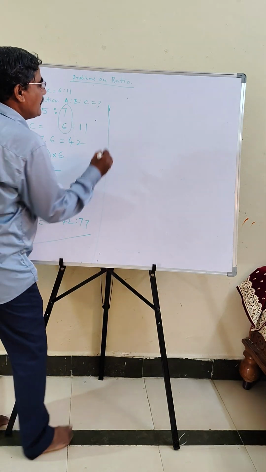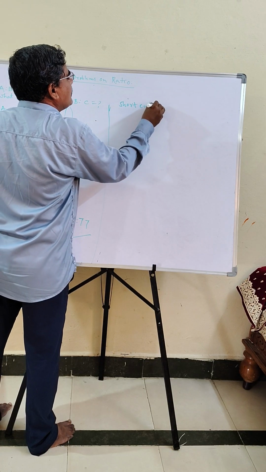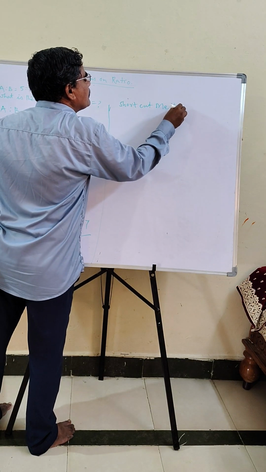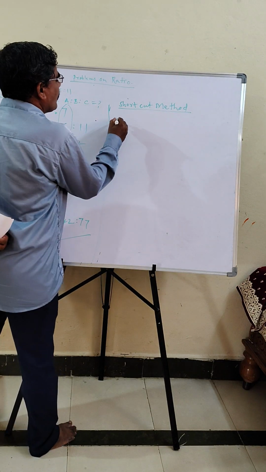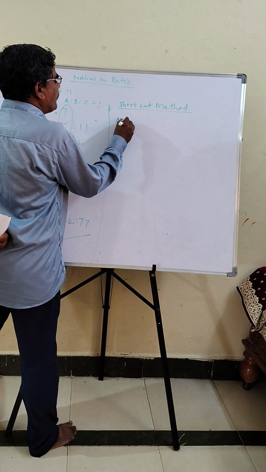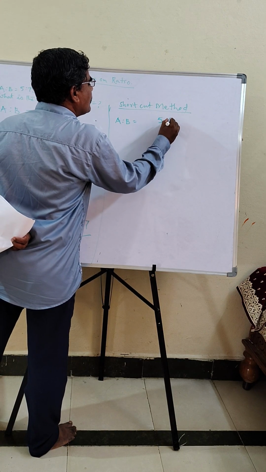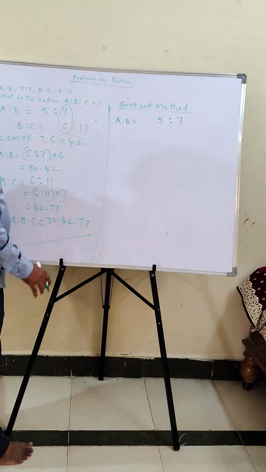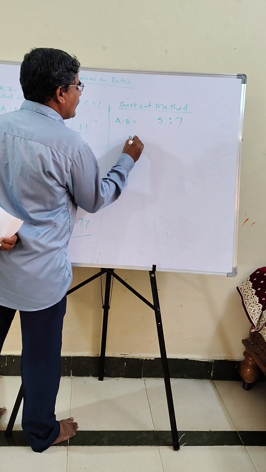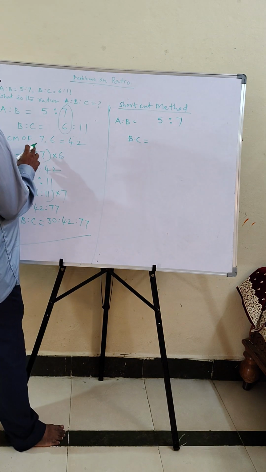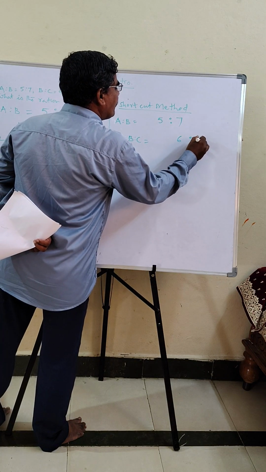Now the shortcut method. In the shortcut method, we know A is to B is 5 is to 7 and B is to C equal to 6 is to 11.